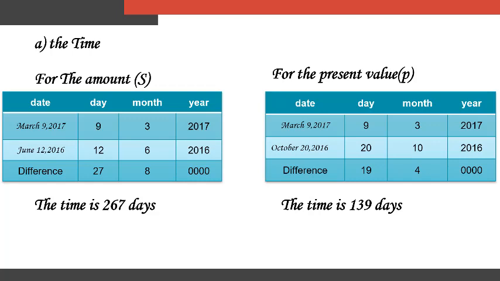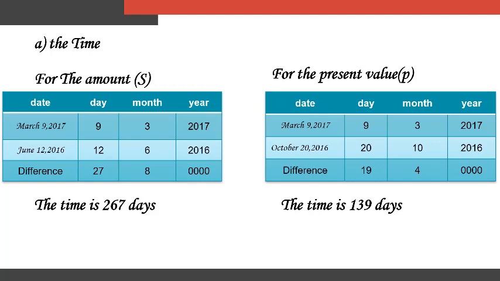The total months will be equal 14 months. So to get the difference, 14 minus 6 equals 8. We have 8 months and 27 days. So the total time here equals 8 times 30 plus 27. The time is 267 days.